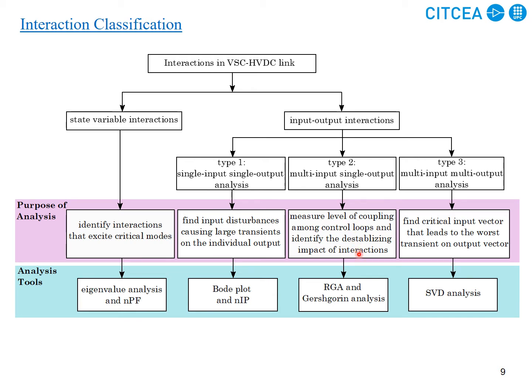With type 2, it is useful for control system design. We want to see, for example, how DC voltage is coupled with the active power control loop.